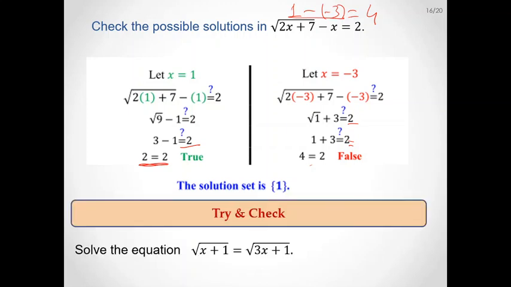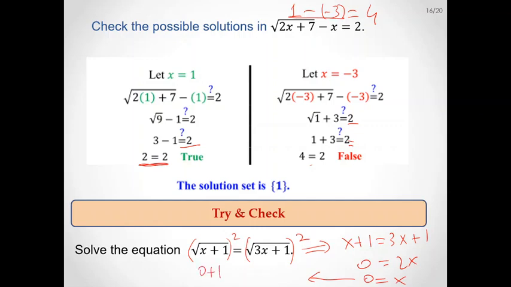Okay, let's do this try and check problem. Here we have square root on both sides. No need to send one of them to the other side. So here the hint: we take the square of this and we get x plus 1 equal to 3x plus 1, and it turns out 2x equal to 0, and you get x equal to 0. Check the solution. 0 plus 1, is it equal to 3 times 0 plus 1?